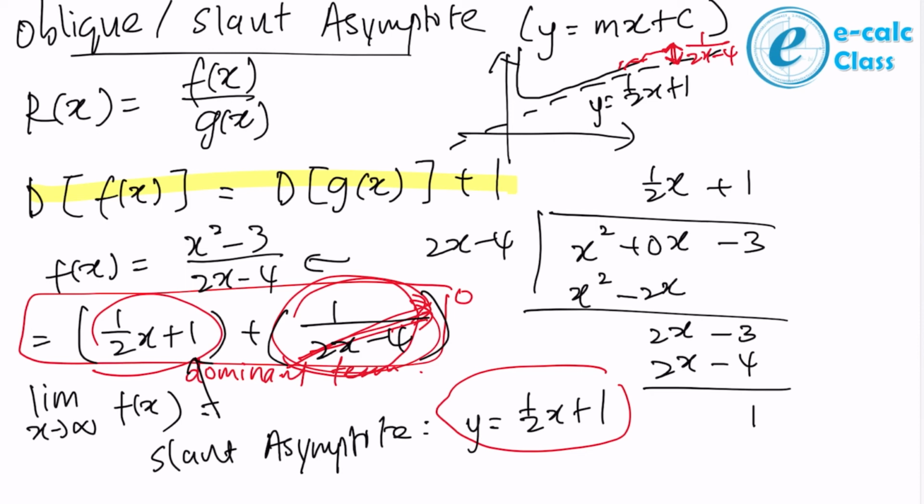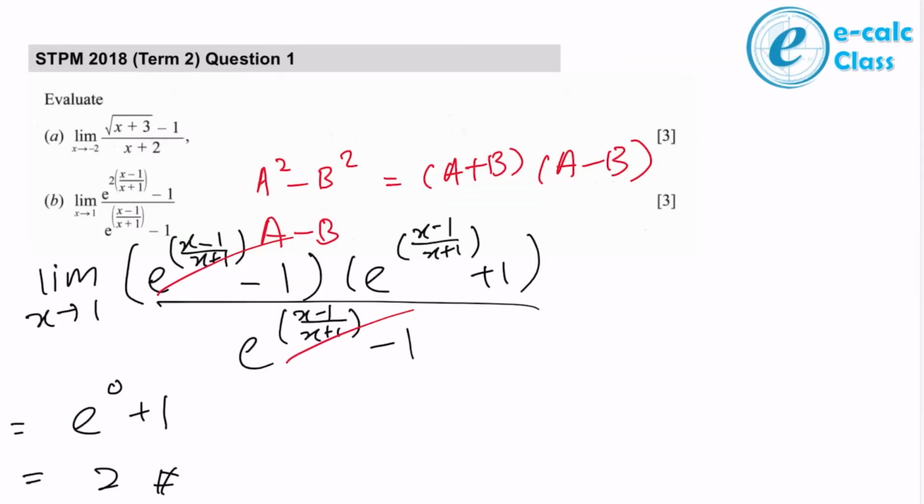So we are done with all the STPM past year questions that I want to discuss, and we are almost done with the chapter. I think I've covered all the important concepts, except for one thing that I didn't see in my revision of past year questions, which is trigonometric limits. I will talk about it in my next lesson.